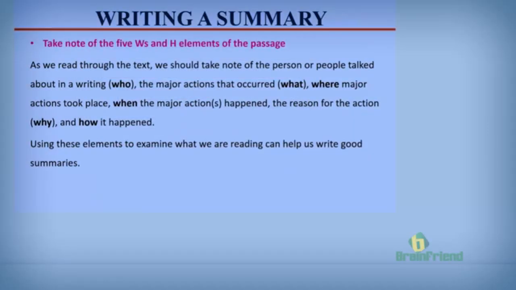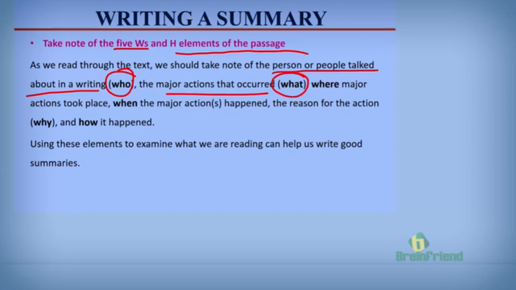Now, another thing to take note of when writing summaries is the 5 W's and H elements of the passage. As we read through the text, we should take note of the person or people talked about in a writing, that is who. We should also take note of the major actions that occurred, and that is what.